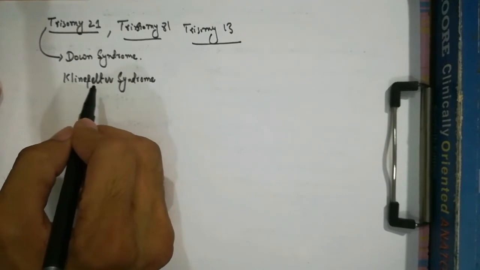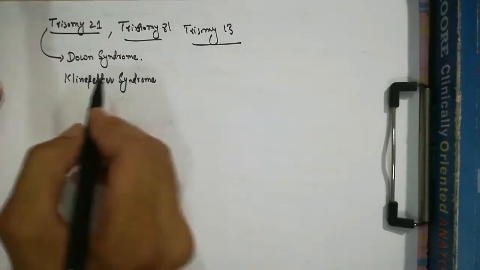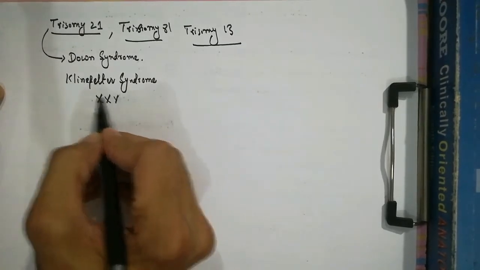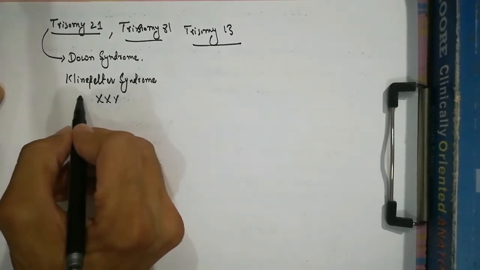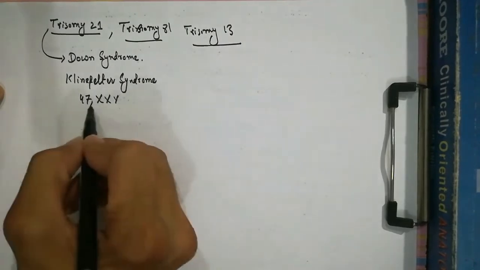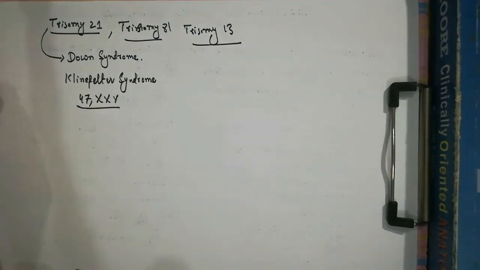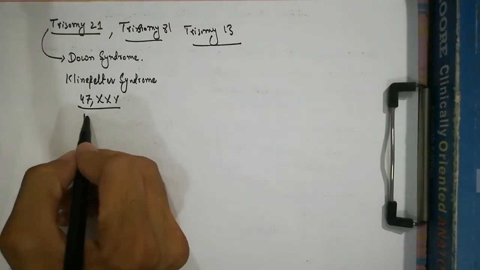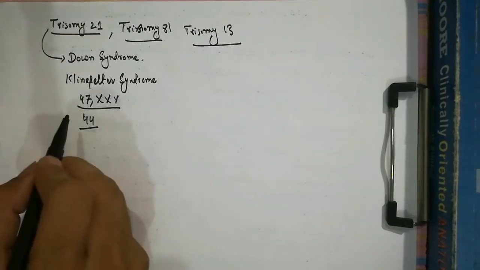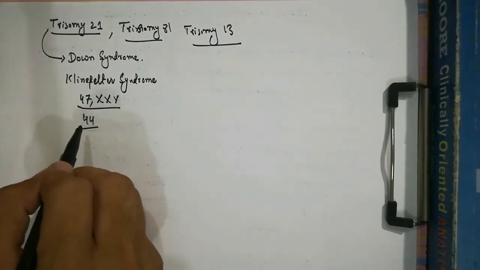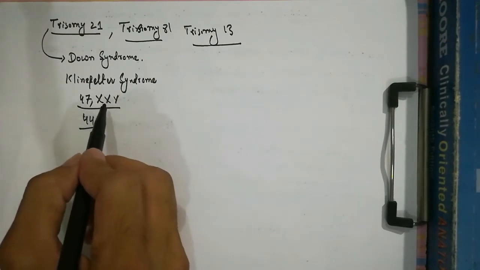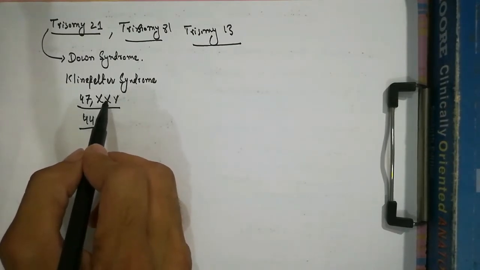The genetic makeup in Klinefelter syndrome is 47, which means the total number of chromosomes is 47. 44 are autosomes, meaning the number of autosomes is normal, and an extra X chromosome is present.